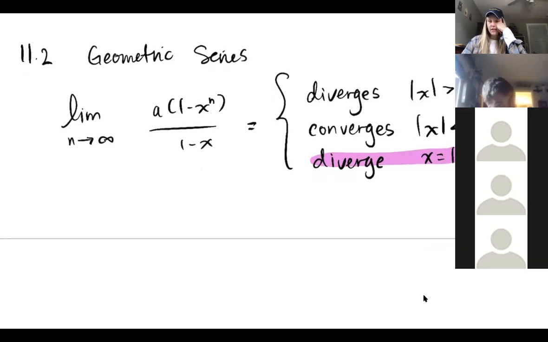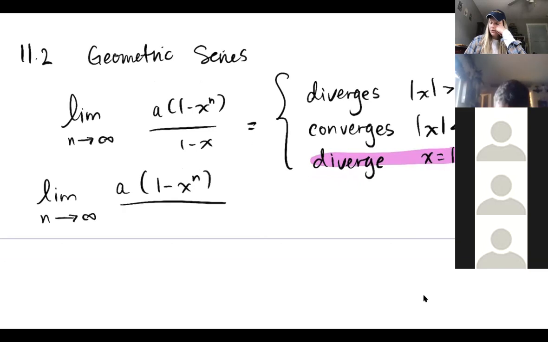Here's what I think happens. When x equals 1, remember that in a limit we can cancel things? So we would have a times 1 minus x to the n all over 1 minus x.